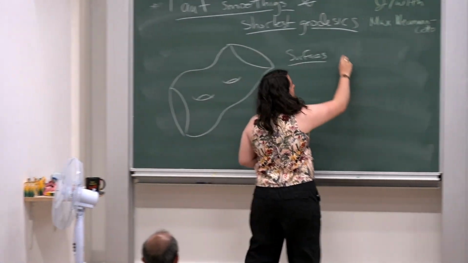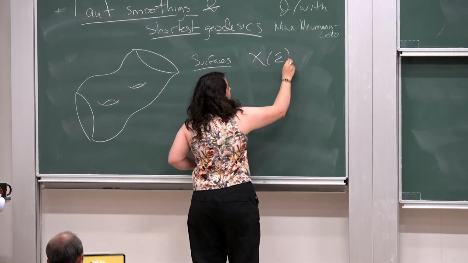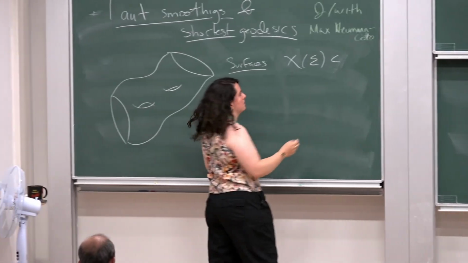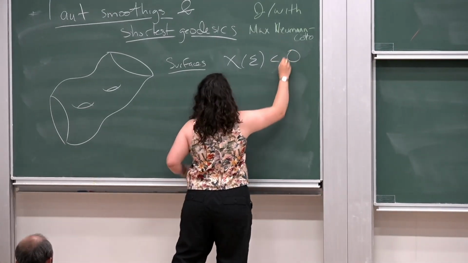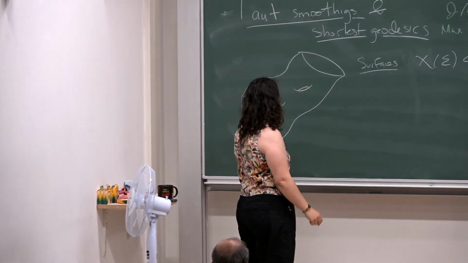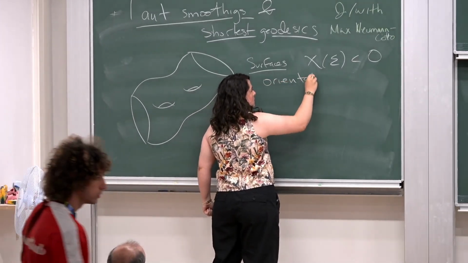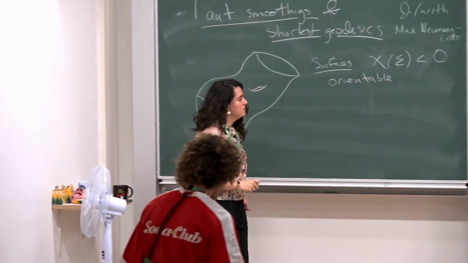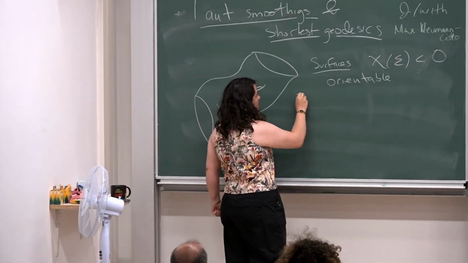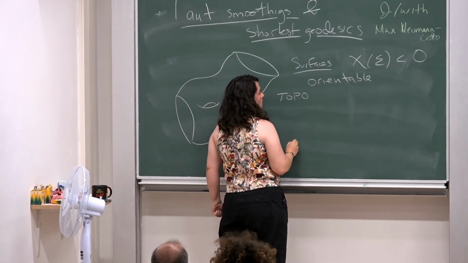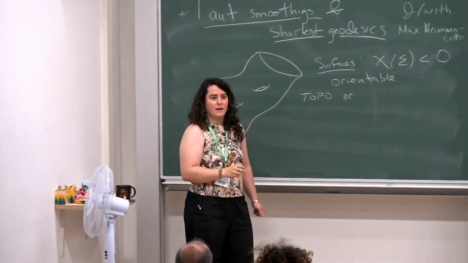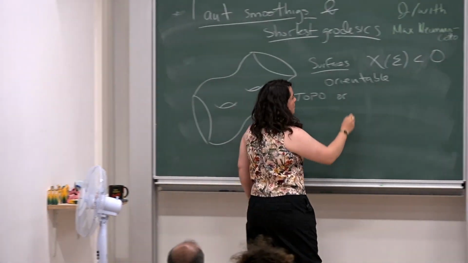They're always going to be non-positive curvature or negative curvature. They are going to be orientable. This is an important assumption. And they are either going to be topological objects, or they are going to come endowed with a Riemannian metric.